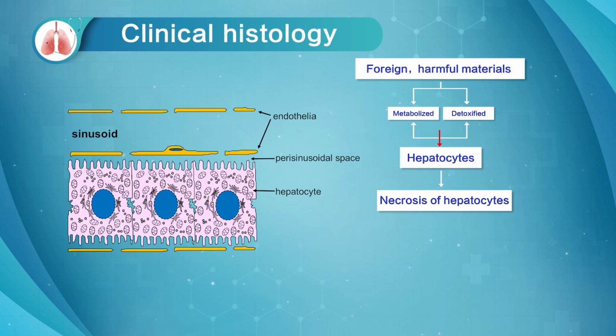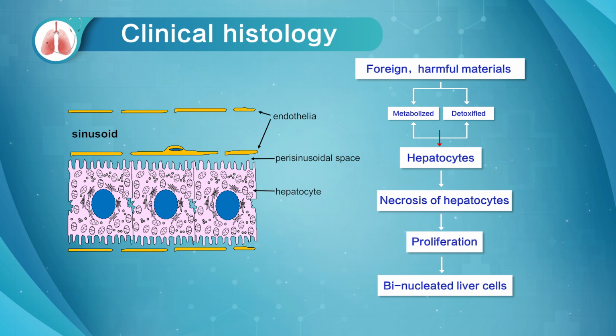To sustain the overall function of the liver, the hepatocytes are active in proliferation for cellular repair and functional recovery. That's why we can see the binucleated liver cells under the microscope.